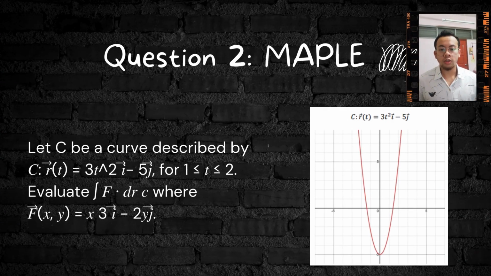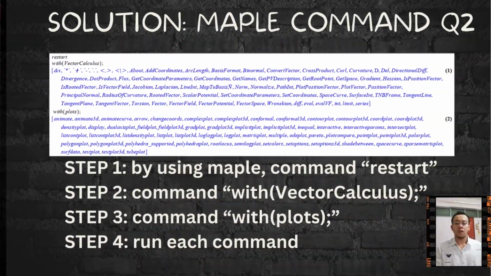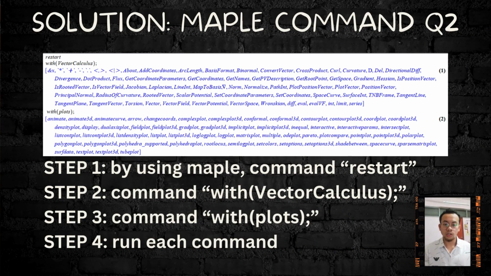Okay, we proceed to the second question for our Maple command. The Maple section is quite the same as the first question. As usual, for step 1 we use the Maple command restart to restart the program that we used before.